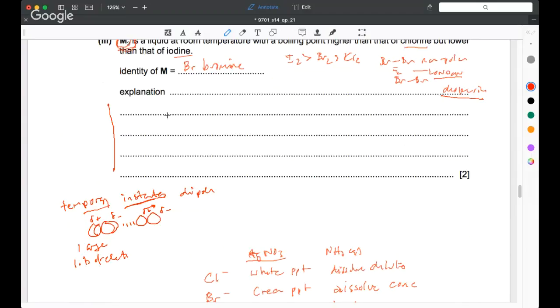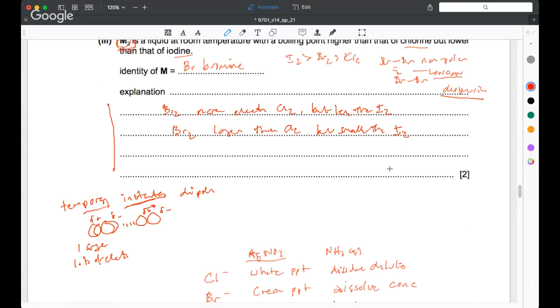And really, you're going to be talking about bromine molecules having more electrons than chlorine, but less electrons than iodine. And you're going to be talking about bromine molecules being larger than, excuse my writing, than chlorine, but smaller than iodine molecules.